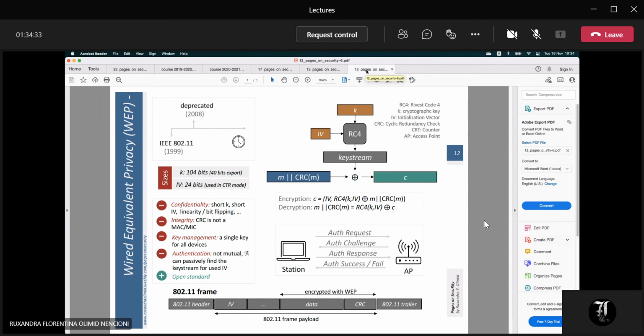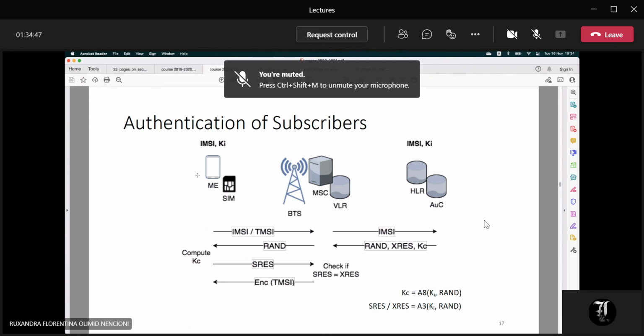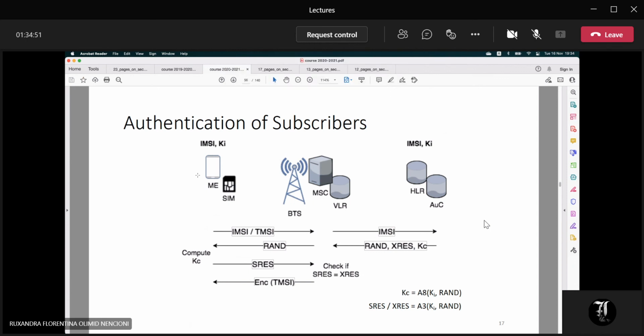Pseudo-random number generator? It's a random number, because this is why it's called RAND. Yeah, it's a random number. That is in fact what for my device? A challenge. A challenge.